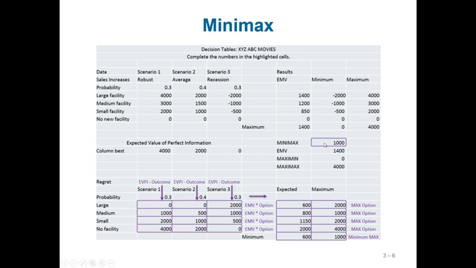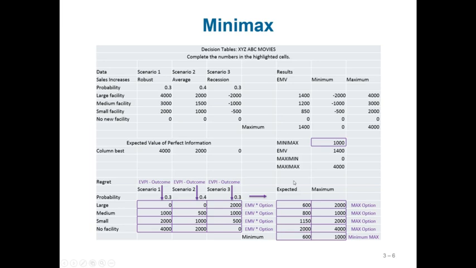And if you wanted to minimize the maximum opportunity loss that you're looking for, then you're actually looking at the medium facility again. So among these, you'd be looking at the medium facility, at the large facility, and at no facility. But in no situation does it appear that the small facility happens to be a good option on any of these decision modules.